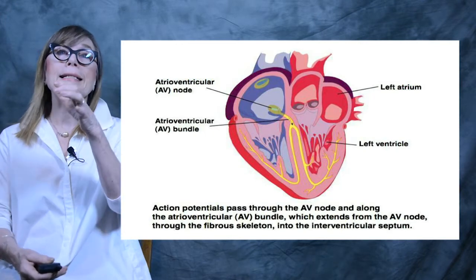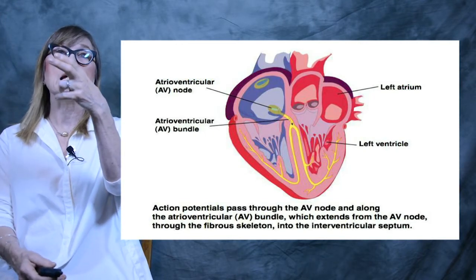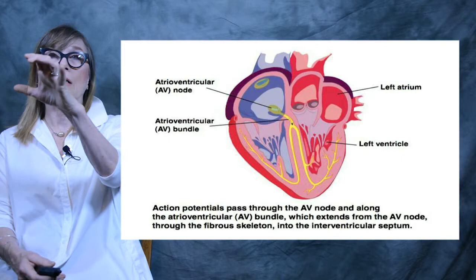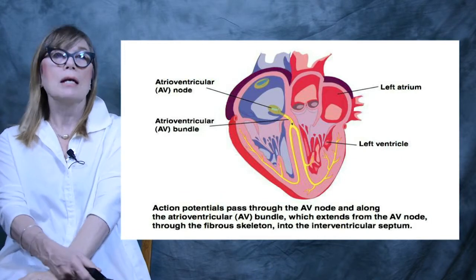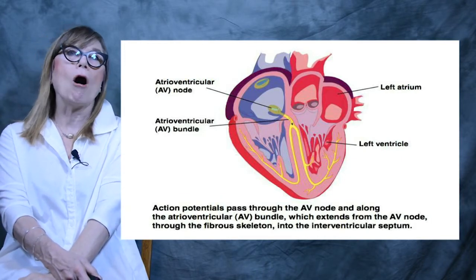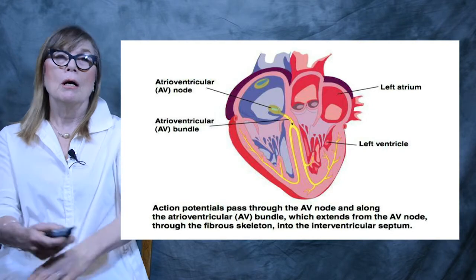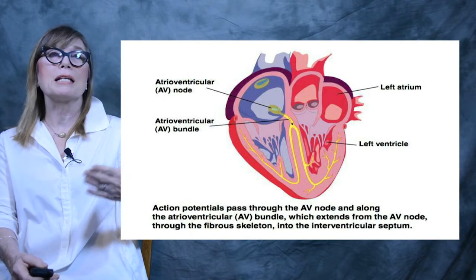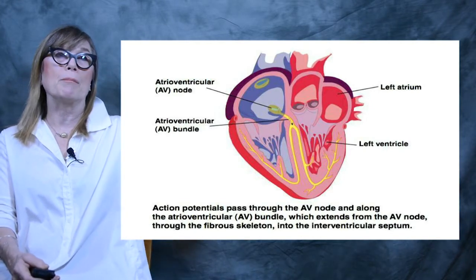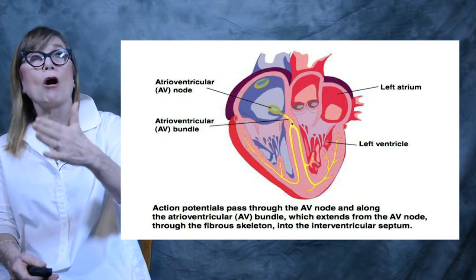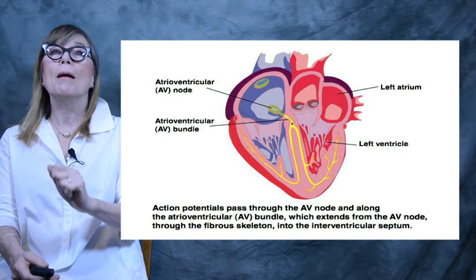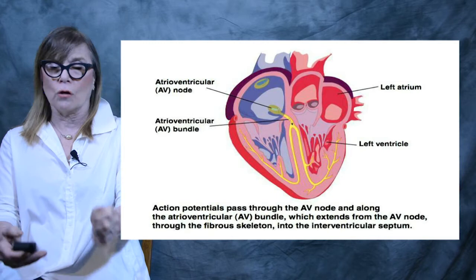The delay time in the AV node, the AV bundle into the common bundle of His, is known as the PR segment. Most of us don't measure the PR segment. We measure from the beginning of the P to the end of the PR segment, and we call it the PR interval.